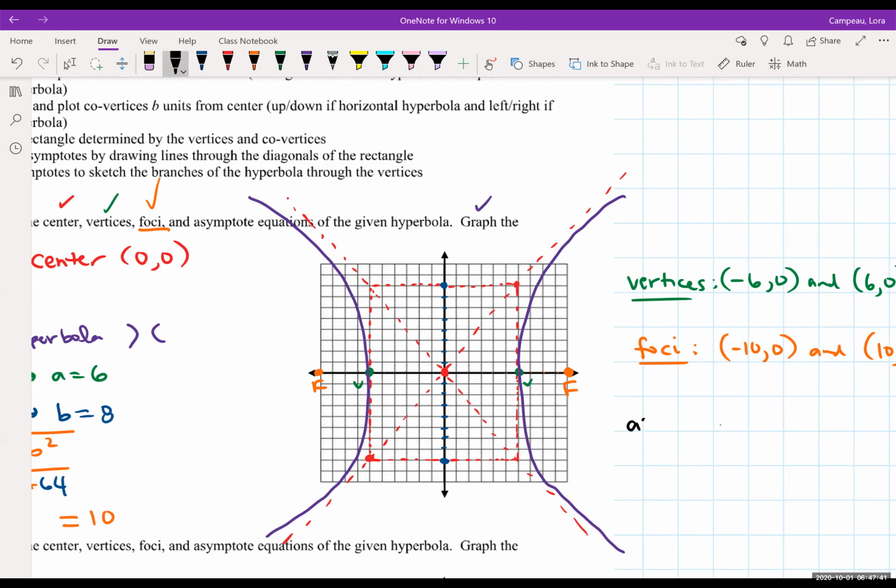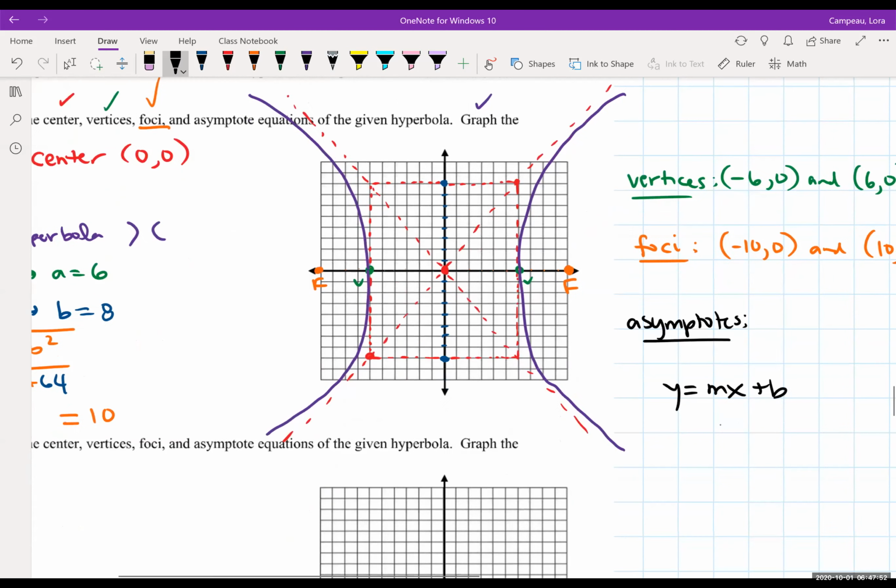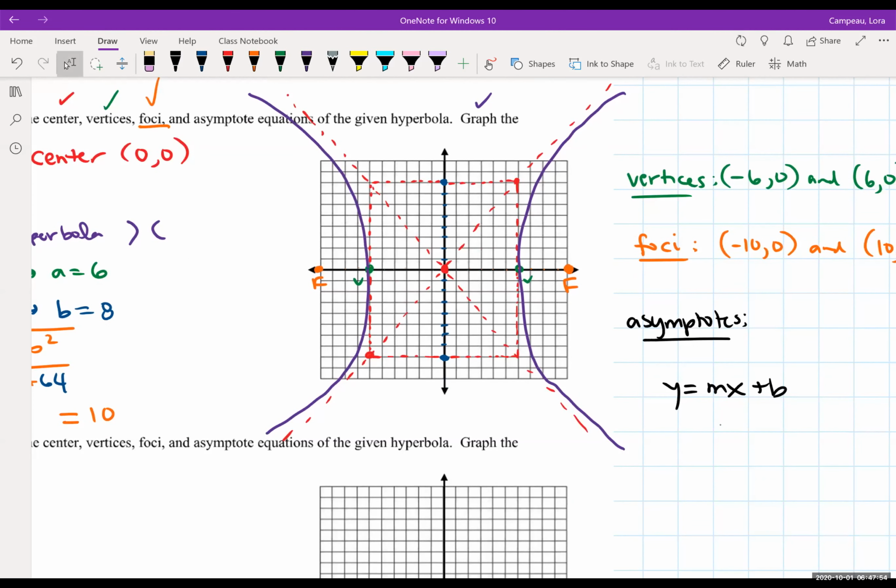So asymptotes. Usually we're in the form y equals mx plus b, right? But just to kind of develop this with you, when you are centered at the origin, that means your y-intercept is 0. So you really have mx plus 0, but whenever you're adding 0, you never write it.